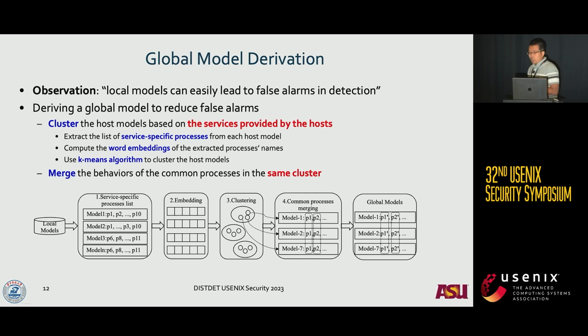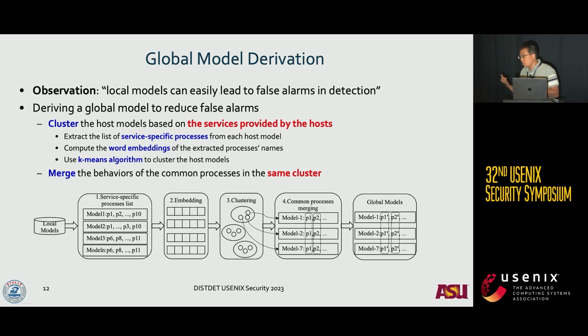We mentioned that we are going to build a local host model for each host. But this local model is very likely to only see some partial behavior of benign processes. So to mitigate this issue, we are going to build a global model on the server side. On the server side, we first identify the hosts that perform similar services. For example, you may have a group of hosts that are providing MongoDB services.